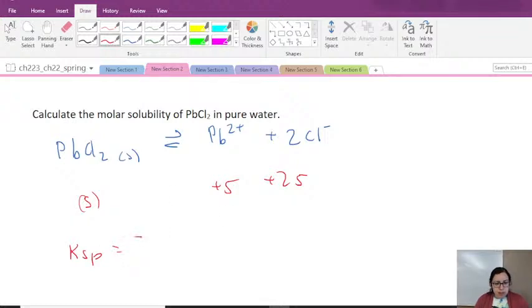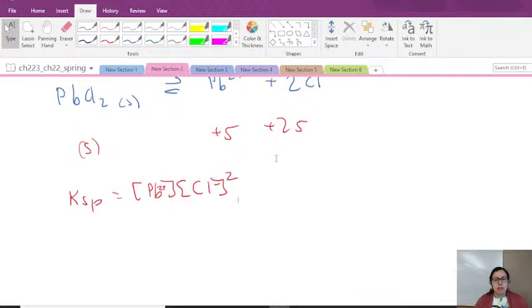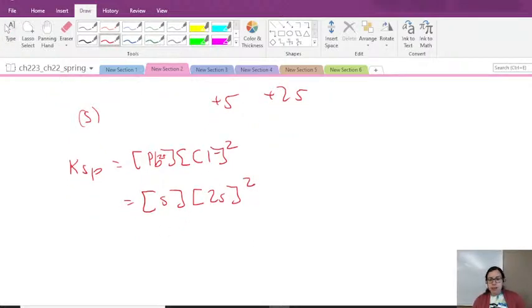So remember, we said KSP was just our lead concentration times our chloride concentration squared. So now we can plug in these values of S. So it equals S times 2S squared. Now we can do some math and solve. And so now we get 4S to the third equals our KSP.